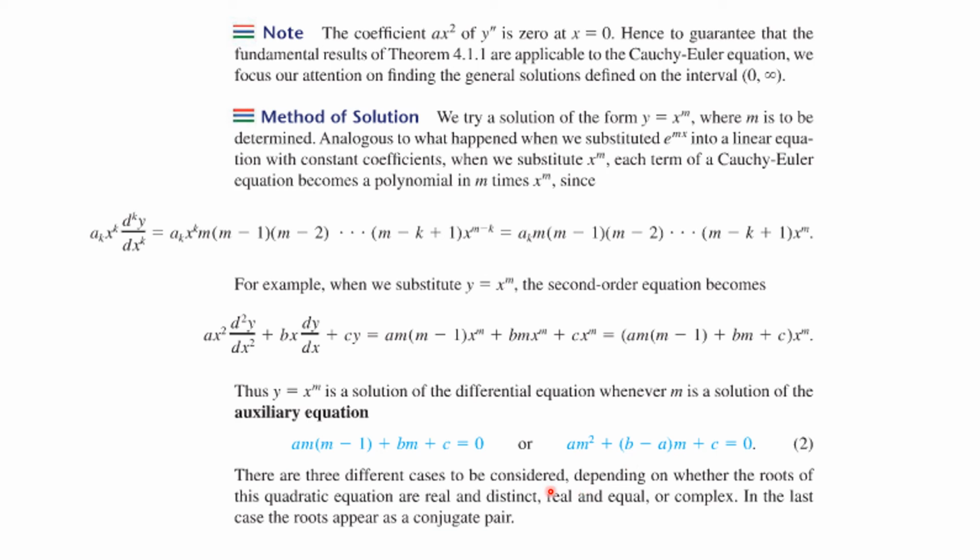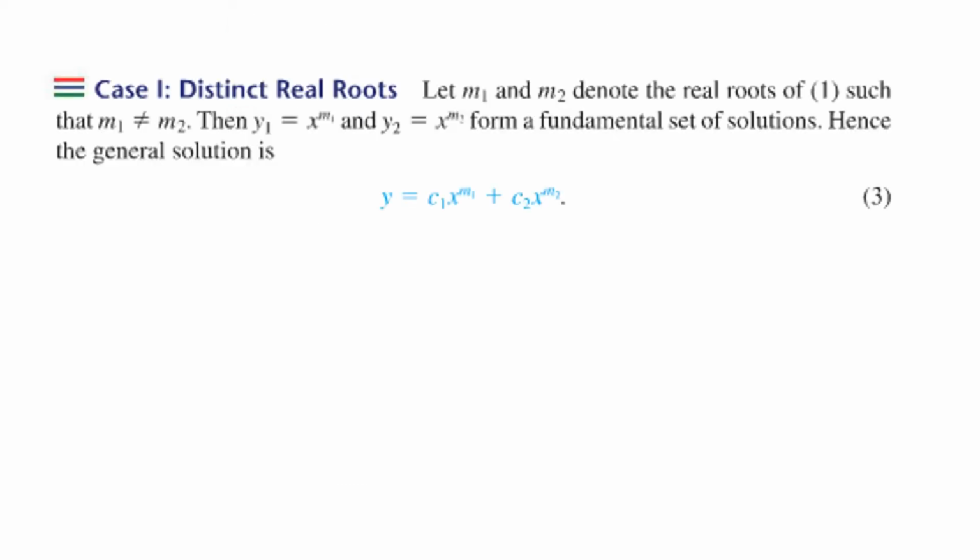Now, as before, there are three cases that we need to consider, depending on whether the roots are real and distinct, real and equal, or complex roots. In the last case, the roots, of course, appear as conjugates, one with another. Let's look at case 1 then, where we're saying, suppose the polynomial is such that we have real distinct roots.